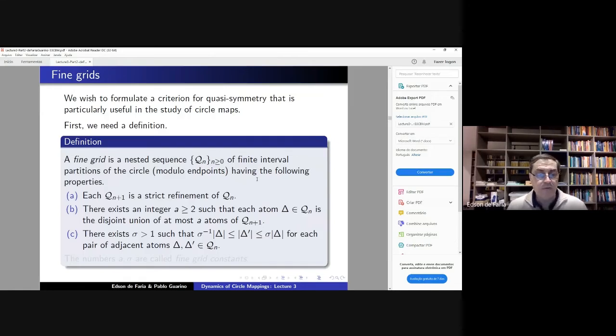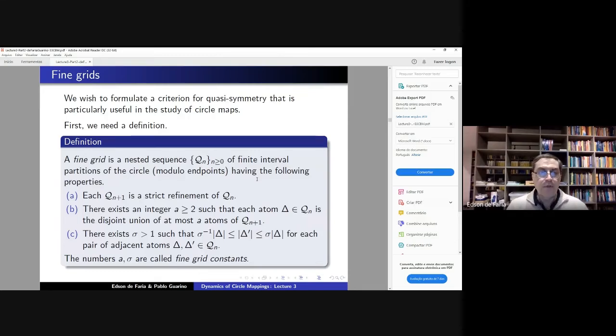So there is some constant, I'm calling it sigma, greater than 1, such that the ratio of the lengths of two adjacent atoms at the same level is bounded above and below by sigma and sigma inverse. These two numbers, A and sigma, are called fine grid constants. A is a positive integer, greater than or equal to 2, actually, and sigma is some real number greater than 1.